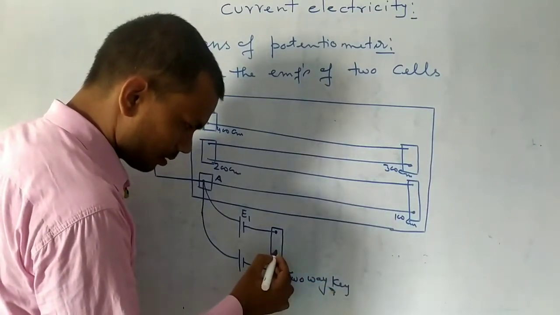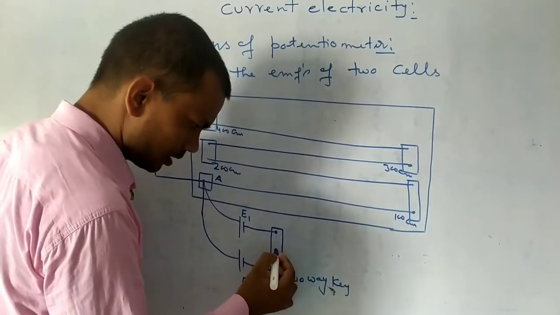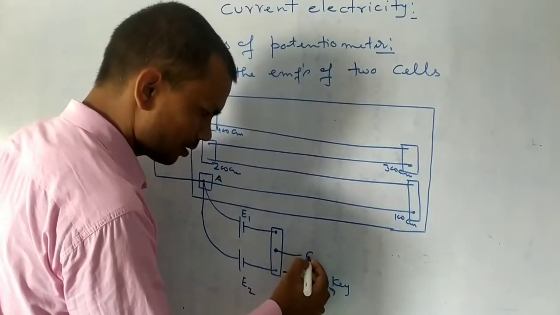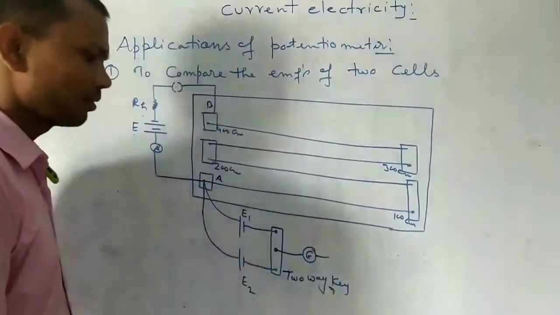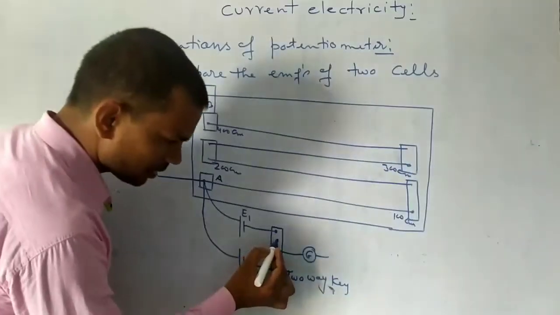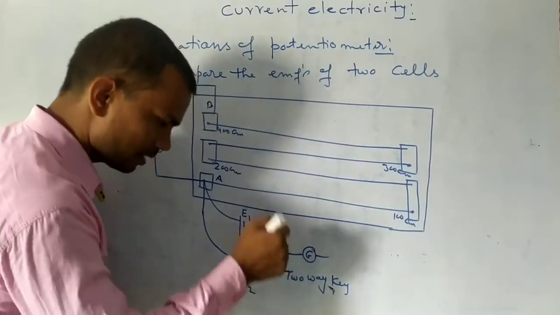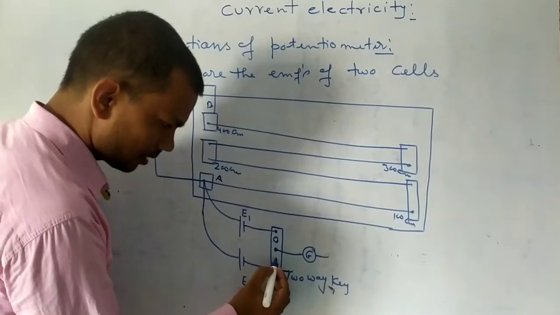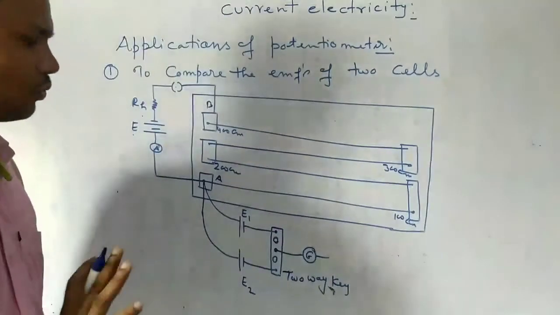And then this is the middle. This middle is connected with the galvanometer, and another is connected to the resistance box. Here this is one plug, in which we can insert the key, and this is another plug. Here we can insert the key. This is the two-way key, right?